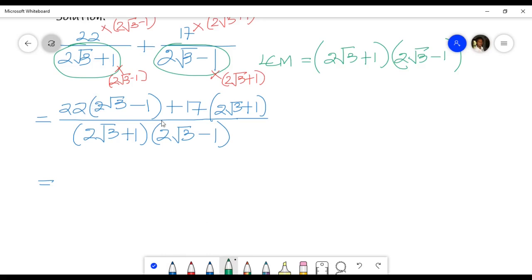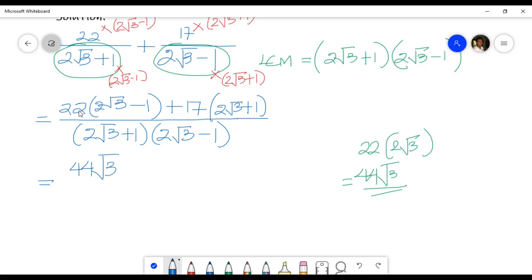I will just explain how we can multiply 22 into 2 root 3. 22 into 2 is 44. 22 and 2 are real numbers, so we can multiply them. Root 3 is not a real number, it's a radical, so we can't multiply it, and that's why 22 into 2 root 3 is equal to 44 root 3. Right? Quite easy.